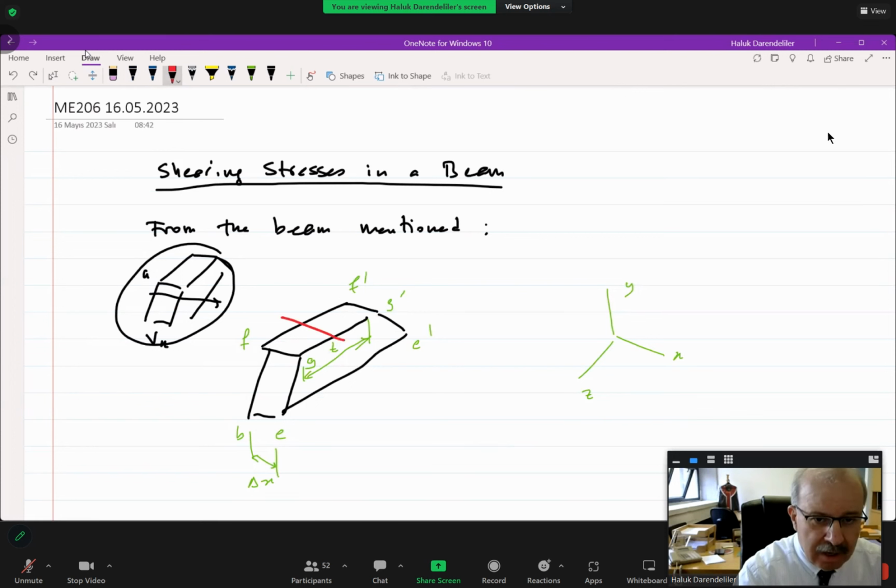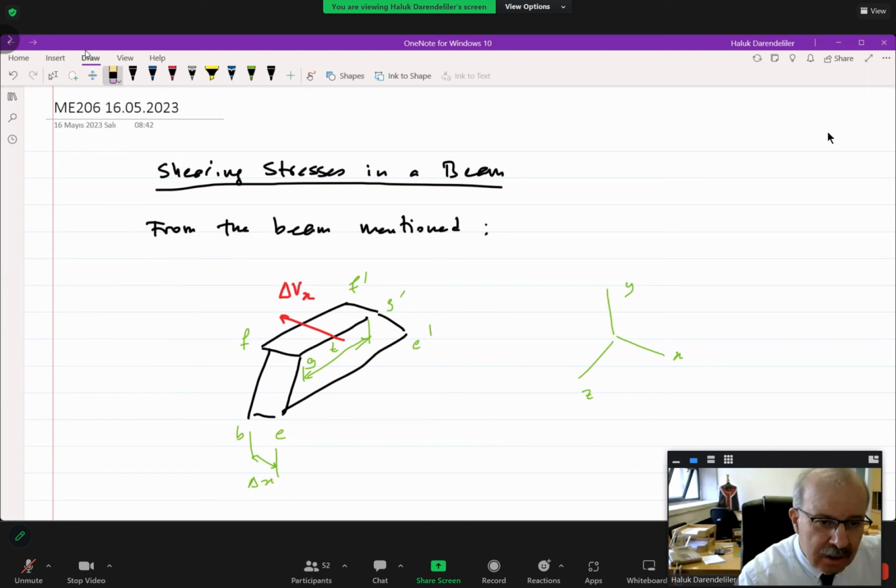Why? This is the delta Vx, which we discussed last week. So now I am removing this portion. This is the lower portion of that green plane. We have divided the slab into two, with a horizontal plane.